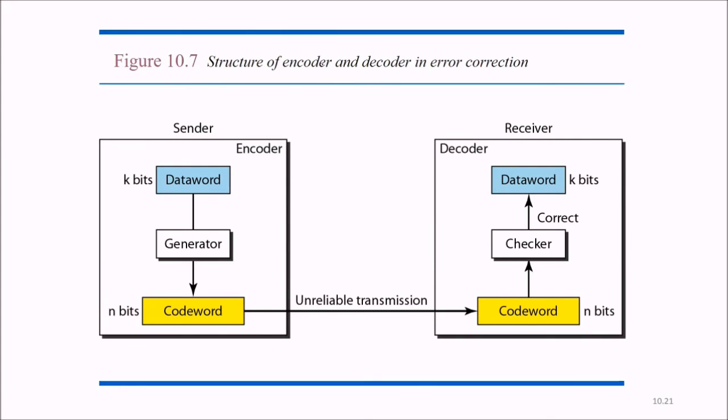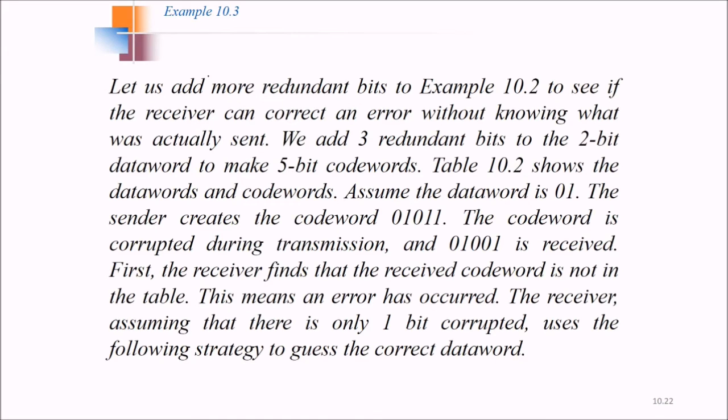So what will be the structure of the encoder and decoder in error correction? We have seen that a k-bit data word will be there, and an n-bit code word, and now this is for error correction. So we will not ask the sender to send it again. No, we'll try to correct it. This is error correction. So let us add more redundant bits, as we have seen in the previous example, to see if the receiver can correct an error without knowing what was actually sent.